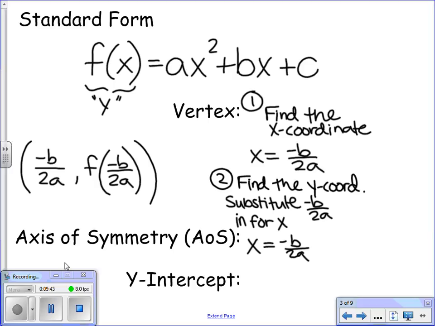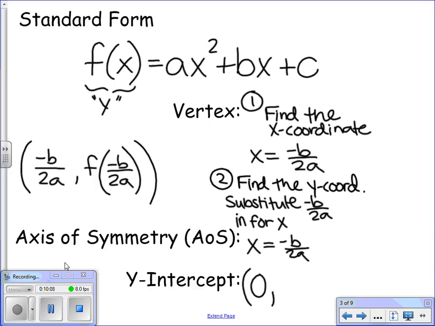In order to be on the y-axis, which is your vertical axis, you cannot move left or right. Because if you go left or right, you're no longer on the y-axis. So every y-intercept has an x coordinate of 0, so that you're going 0 left and 0 right, and you're staying right on the y-axis.